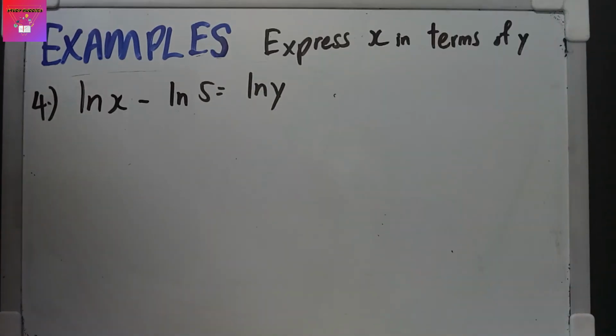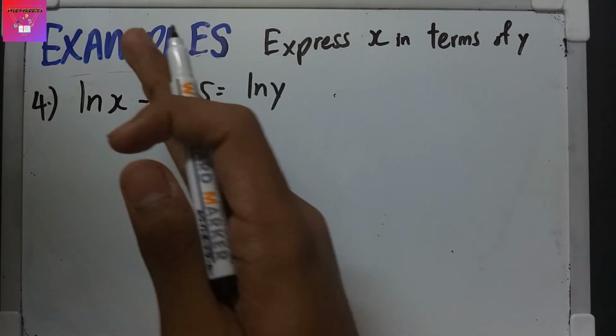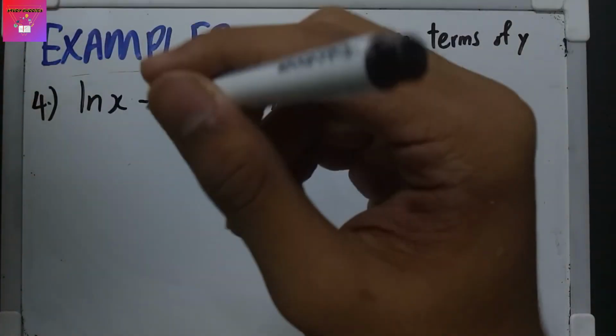Let's say the question is asking express x in terms of y. So now I have to make it x equals something which has y. How do I solve this question is that I would try to maintain x on the left hand side.